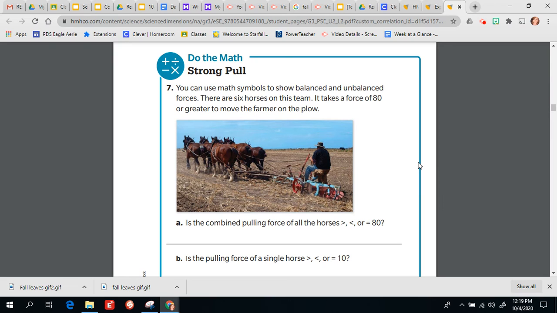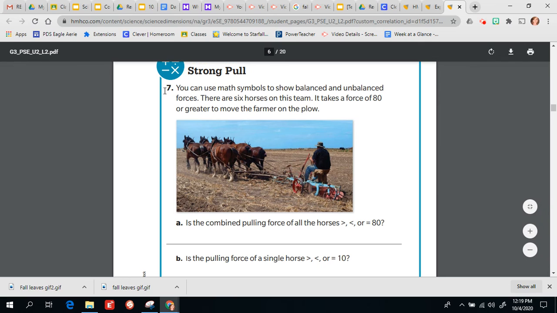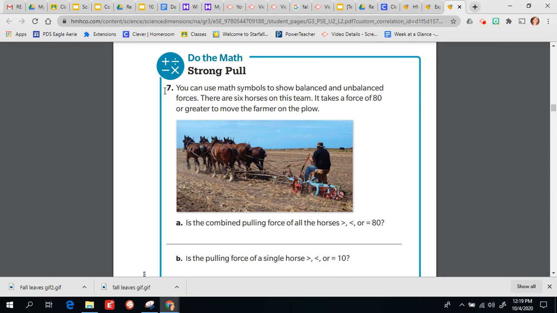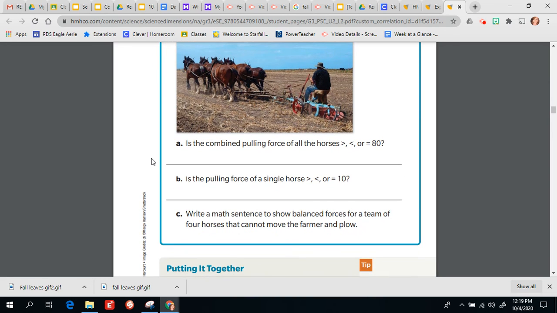Do the math. Strong pull. Number 7. You can use math symbols to show balanced and unbalanced forces. There are 6 horses on this team. It takes a force of 80 or greater to move the farmer on the plow. A. Is the combined pulling force of all the horses greater than, less than, or equal to 80?